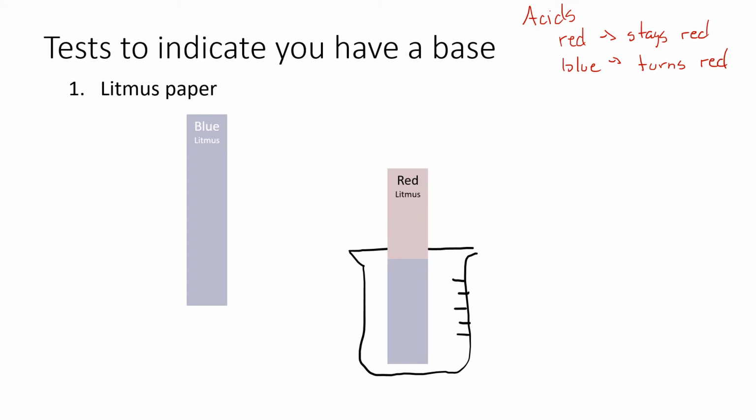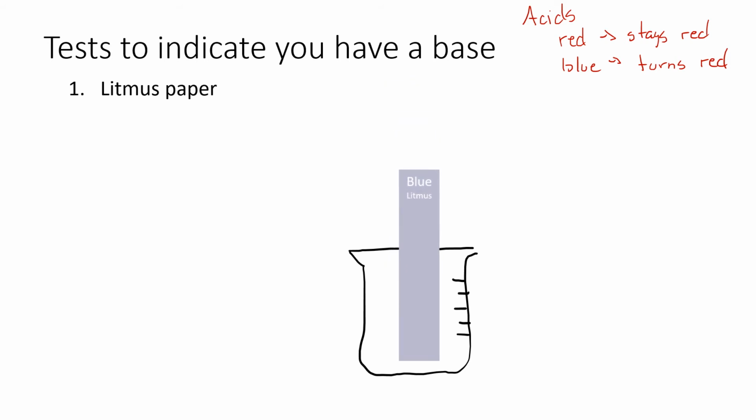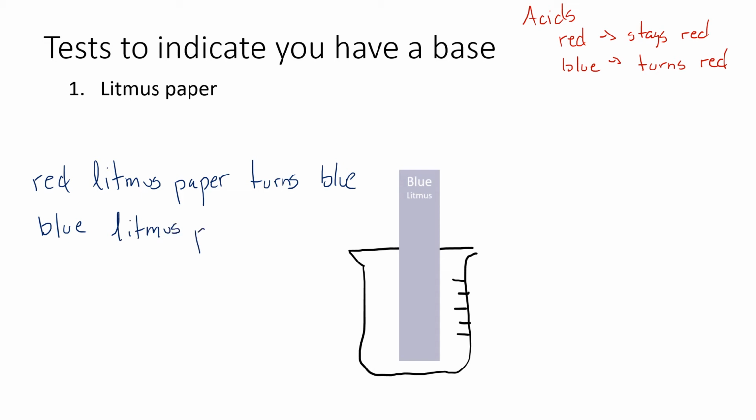So as you can see, when we place our red litmus paper in a base, the red paper turns blue, and our blue litmus paper stays blue. So for bases, the red litmus paper turns blue, and the blue litmus paper stays blue.